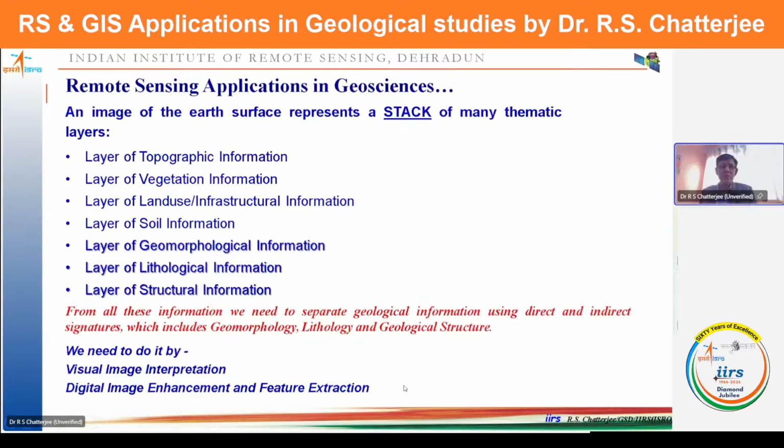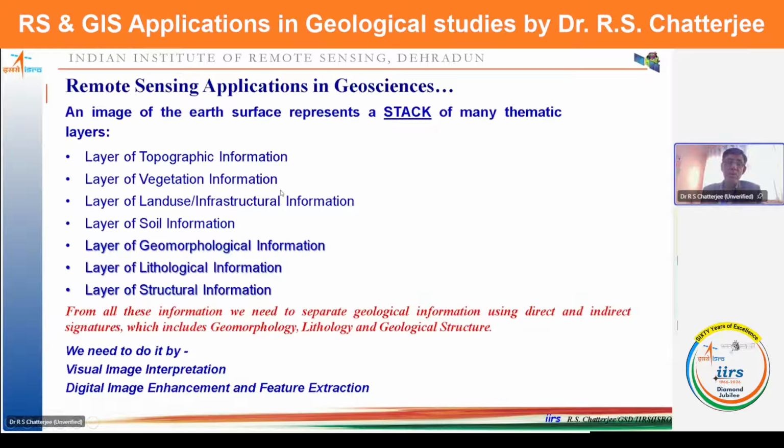Now, remote sensing is done by satellite, by aircraft, or nowadays by drone, even by terrestrial remote sensing with a camera from a distance. But in all the cases, we take the image from above the Earth's surface. And when you take an image, it gives you information about many things about the Earth's surface, like topographic information.